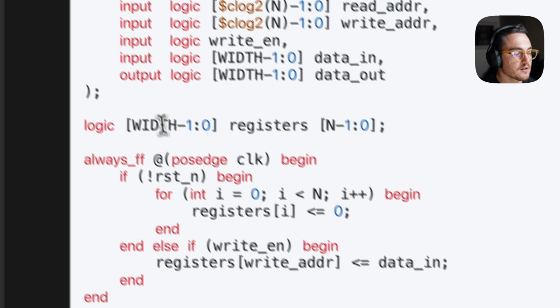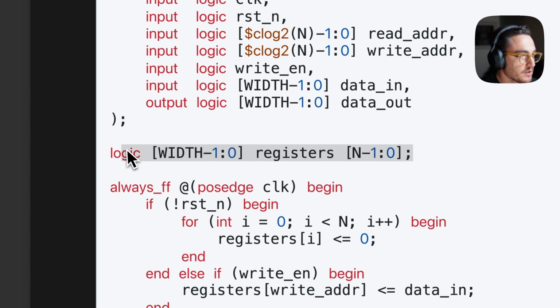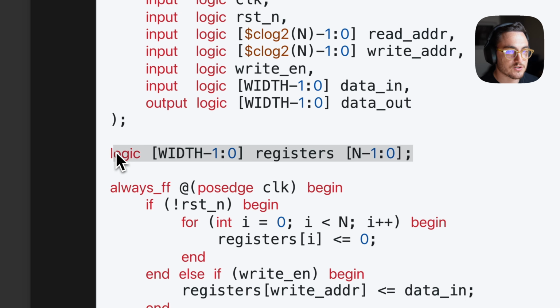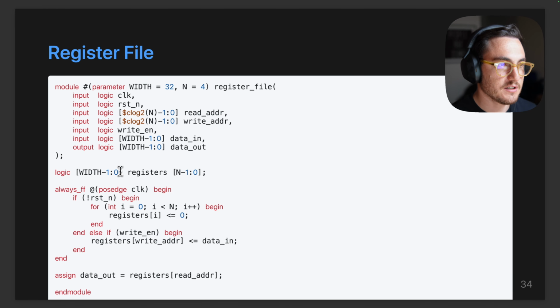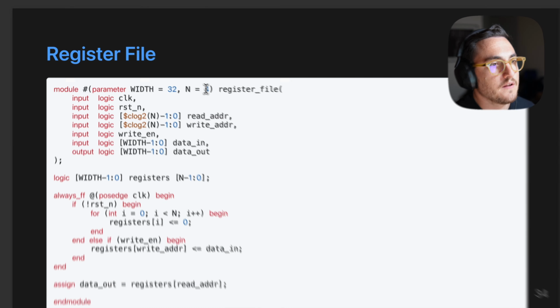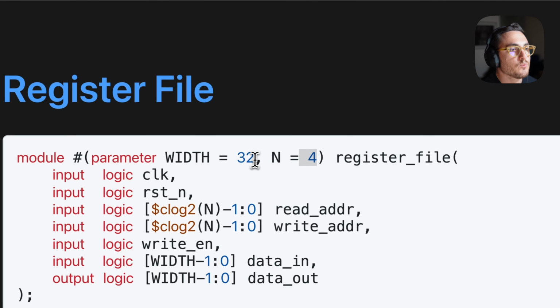The registers are captured into this variable which has 2 dimensions. The first dimension is the width of the single register, so how many bits is a single register, and the second dimension, which is the vertical one, is how many of them we have. So if we want to extend this register file to RISC-V to support the RV32 instruction set architecture, n would be 32 and the width would be 32.